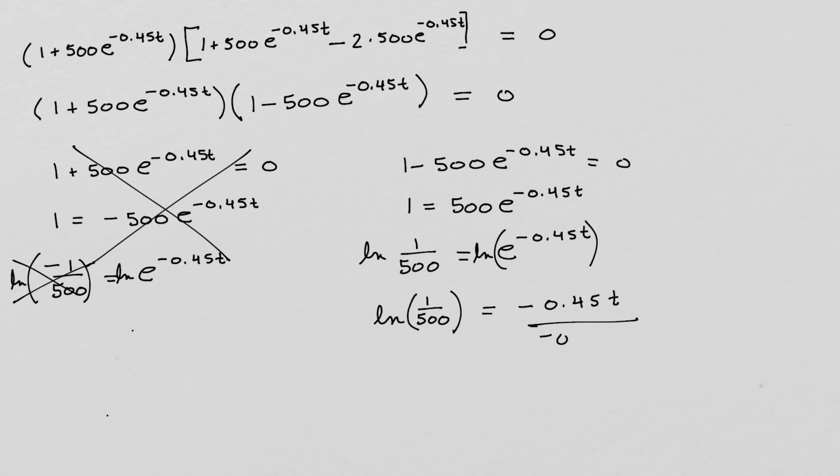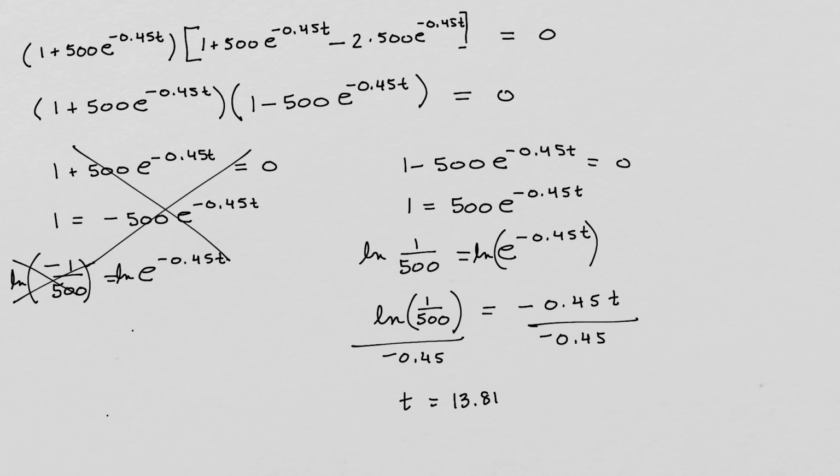So I can divide both sides by negative 0.45, and t equals something. Okay, so here we get 13.81. So that is the value that is going to maximize the rate of change of the number of downloads.